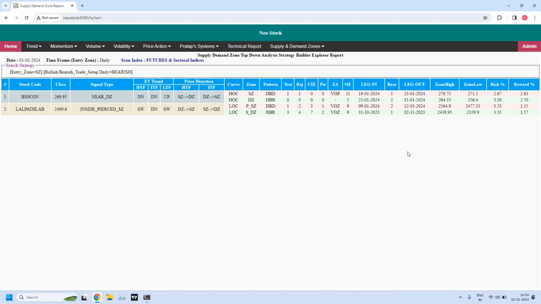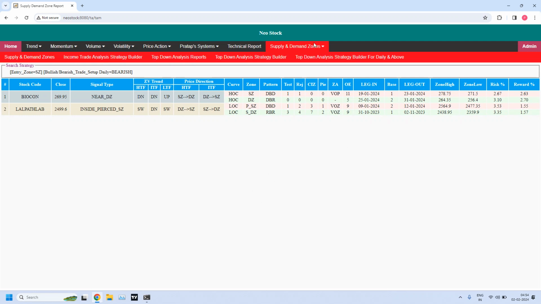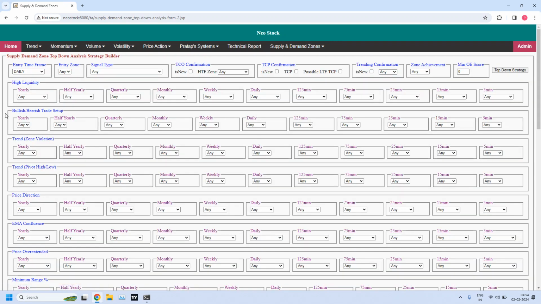In weekly income trade, our entry time frame is 75 minutes. That's why I am selecting the entry time frame as 75 minutes. Because it is a bullish trade setup, any filters we set should be applied to the demand zone. And in this bullish or bearish trade setup parameter, I have to select the 75 minutes time frame.